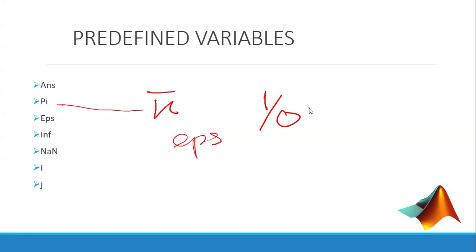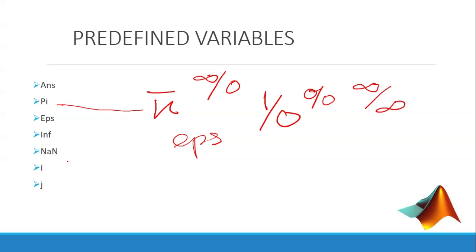If you perform an invalid operation, let's say I perform 0 over 0, MATLAB will return NaN because it is not a number. If I perform something like infinity over infinity, it is not a number. If I perform something like infinity over 0, it is also not a number.